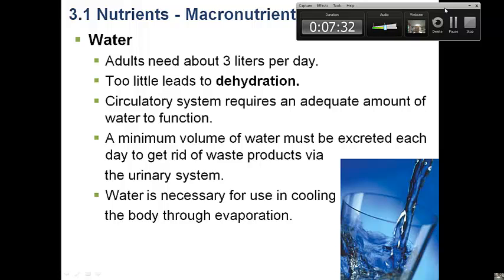And first, there are a number of different processes that require water, the first of which that we'll mention is the circulatory system. And so the circulatory system, as you realize, is a system that utilizes a substance we refer to as blood that's composed of a couple other substances that we'll talk about later in our class. And the purpose of the circulatory system is to transport products from one part of the body to another.